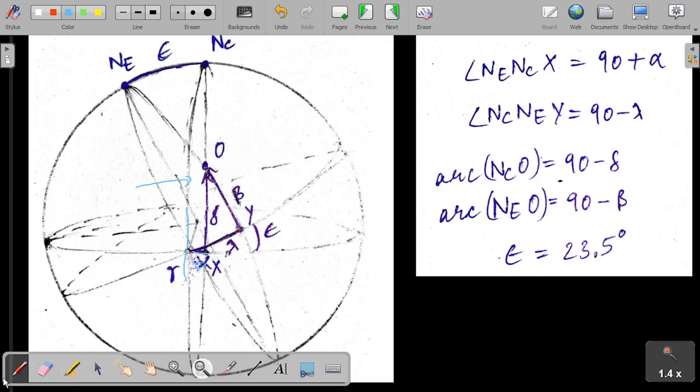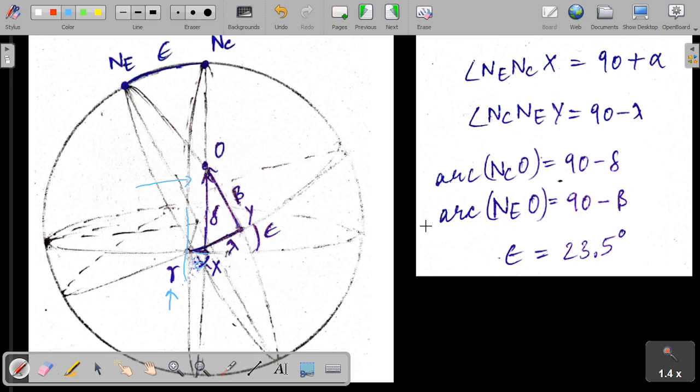O is any star which you are observing. Of course, this is the first point of Aries. And as I said, the ecliptic is just tilted 23.5 degrees from the equatorial plane. You draw a great circle tilted 23.5 degrees with the equator.